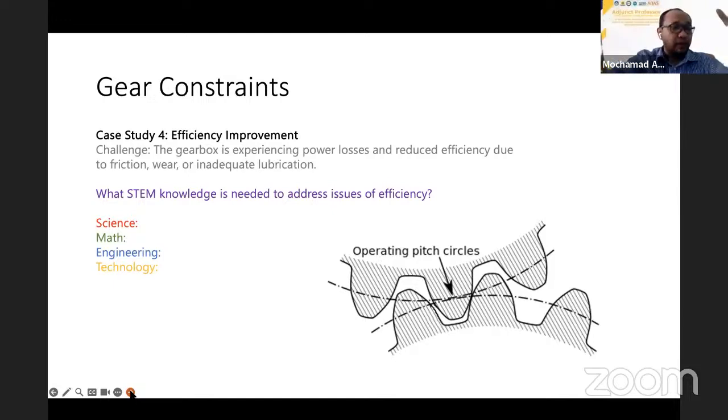Nah, oleh karena itu perlu dipertimbangkan penggunaan lubrikasi atau pelumasan di situ. Itu yang perlu kita pertimbangkan sehingga efisiensinya meningkat. Nanti kita belajar bagaimana penghitungan dari efisiensi roda gigi tersebut. Nah, itu secara sains, matematik, dan engineering-nya harus bisa kita pilah dari situ.